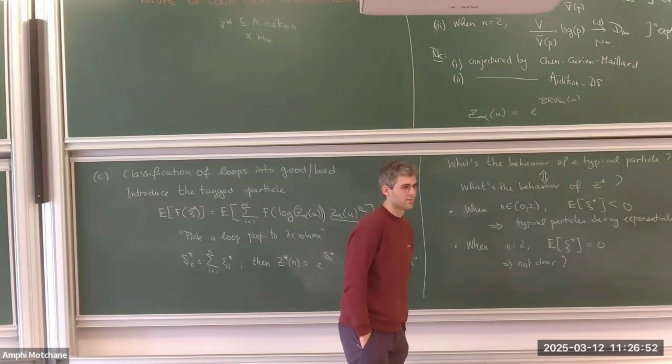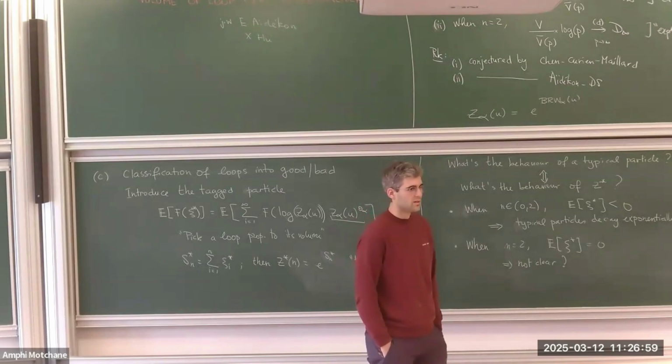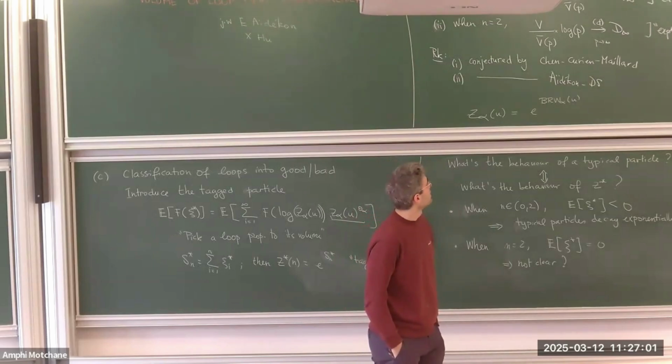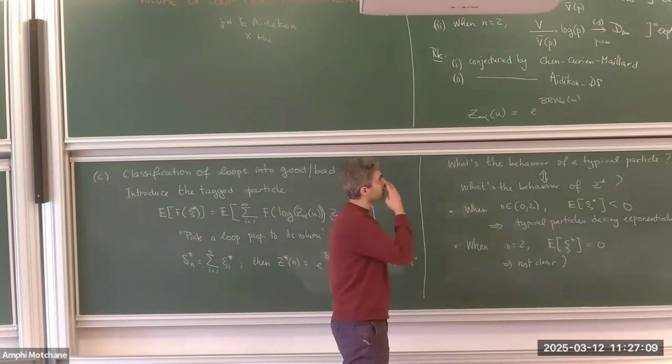I'm not sure how to do it. I think we have to look into it. The Ising model is not the n equals 1 limit. It's the n equals 1 case. There's a bijection between two models.